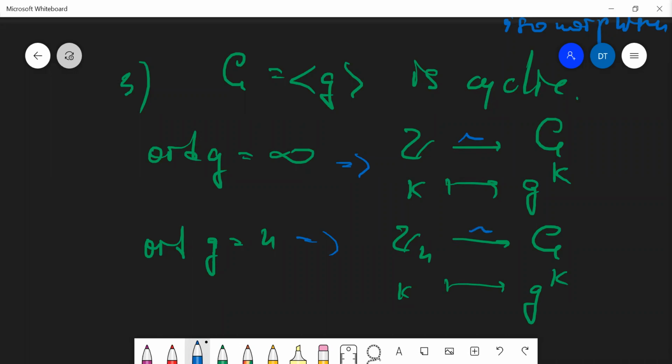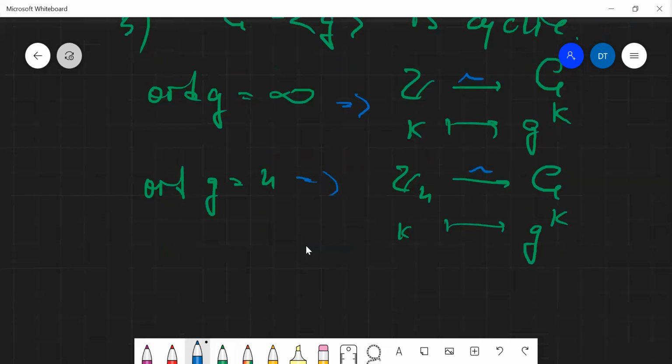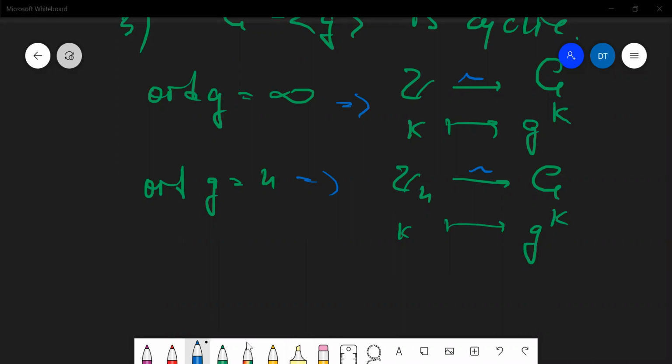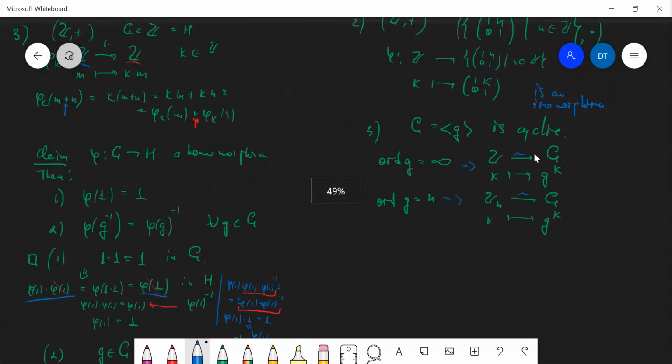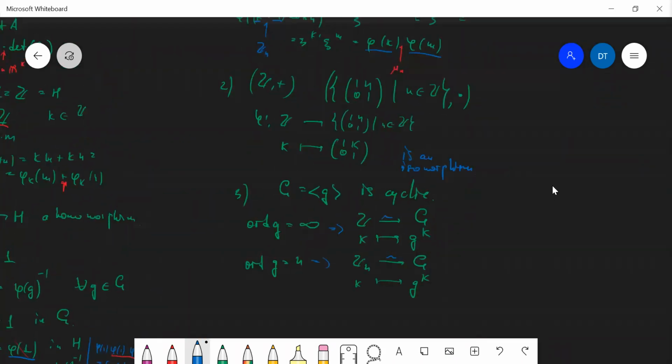But the fact that this is a bijection we already know from the classification result, because all the elements here must be powers of g from 0 to n minus 1, and then a simple computation shows that this map preserves the operation. So this is also an isomorphism. So this is another example of an isomorphism. Okay. Are there any questions regarding these examples?